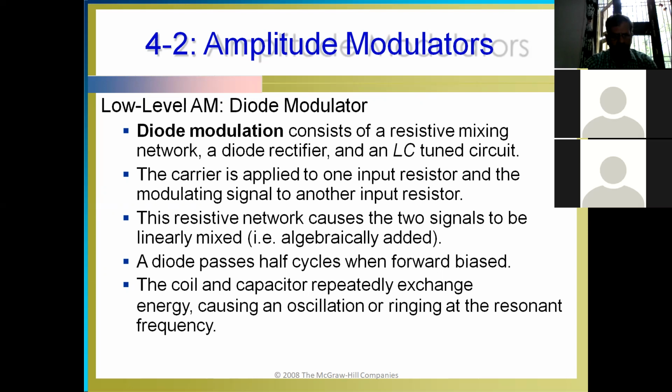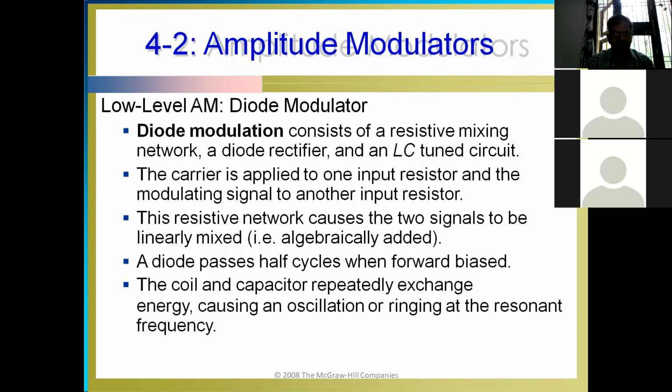A diode passes a half cycle when forward biased, because a diode conducts in forward bias and does not conduct in reverse bias.